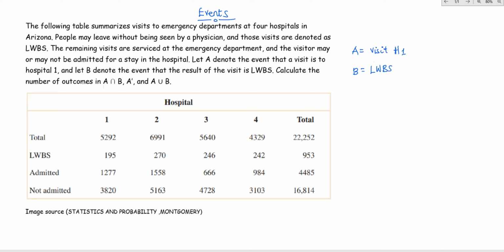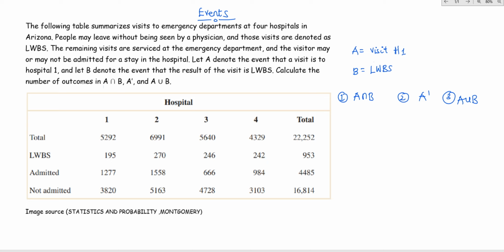Those are some of the information we got from the question. The question says that we should find 1, A intersection B, 2, A prime, and 3, A union B. Now let's look at how you are going to answer this question, starting with question 1.